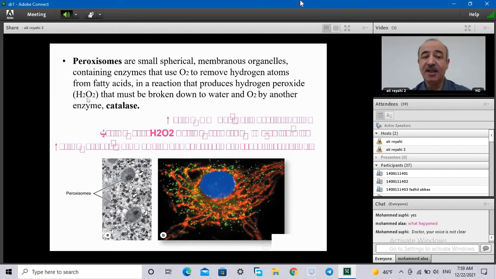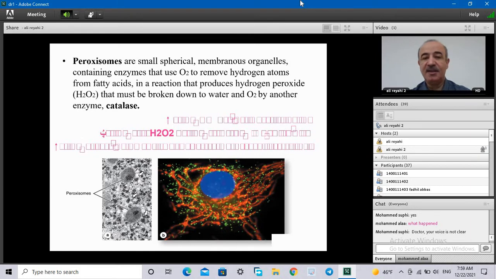H2O2 is a toxin for the cells. It is very dangerous, and it must be broken down very quickly. The H2O2 must be broken down to water and oxygen again by the catalase enzyme. Okay, this is the function of the peroxisome. The peroxisome is important.